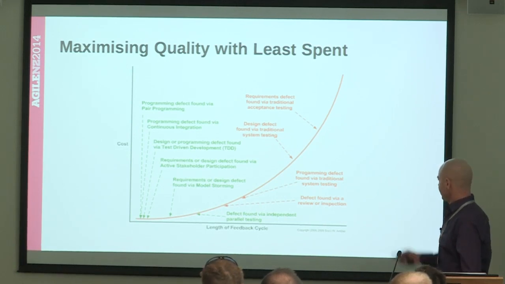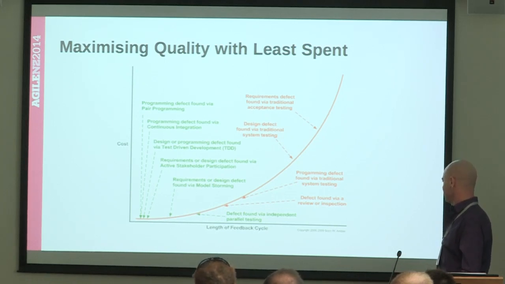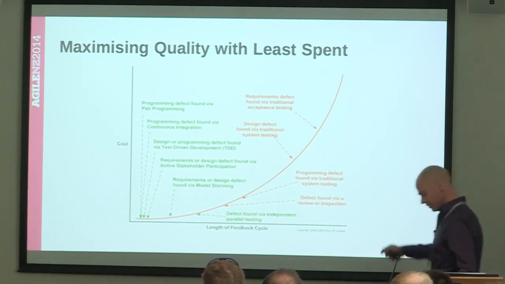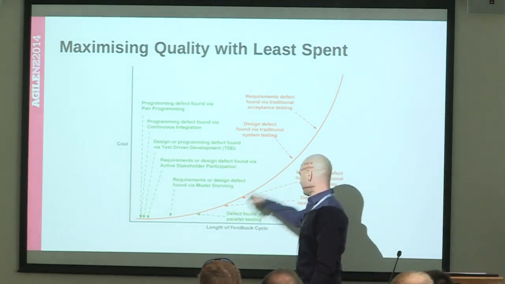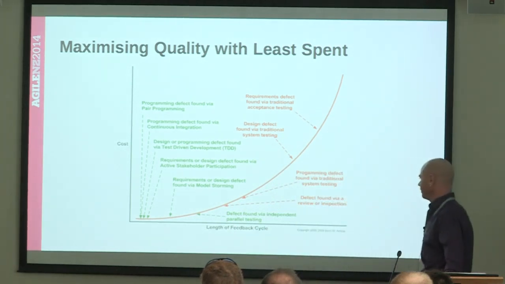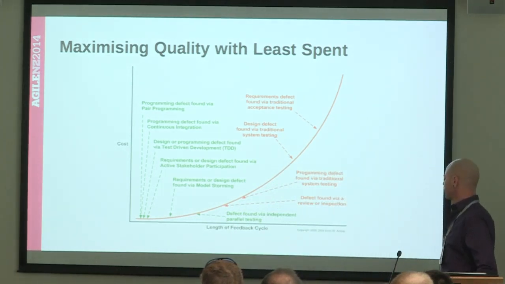And then what we're seeing here is traditional acceptance testing, system testing, and that. Even reviews, code reviews down here, it's starting to creep up the cost of change curve. So basically, the longer you leave your defects in the system before you discover them, the more expensive it's going to be to fix.